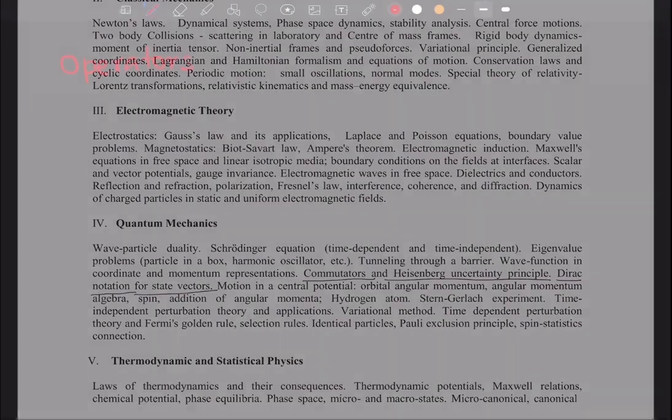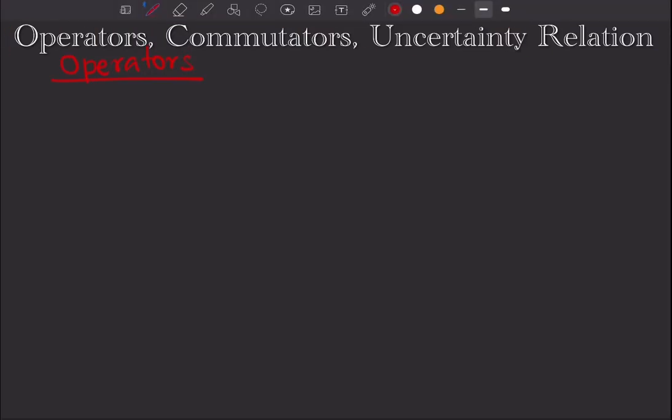Let's start the video. Under operators, the definition of an operator: how to define an operator.